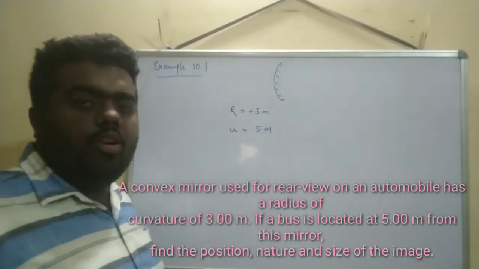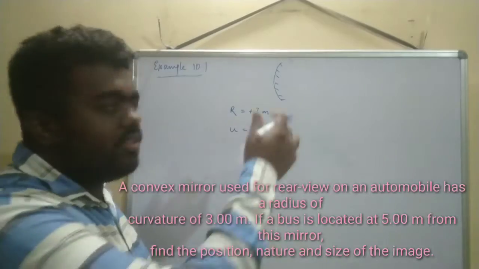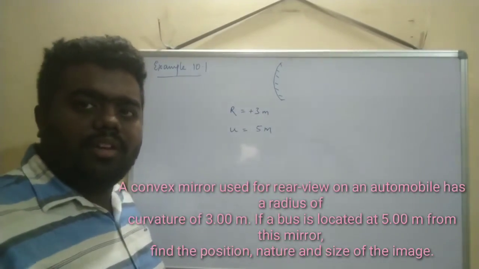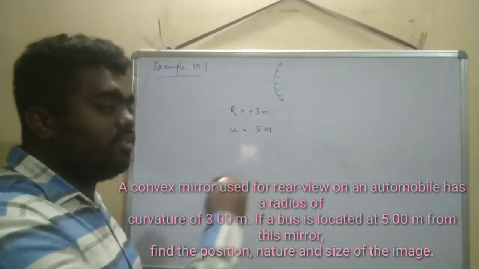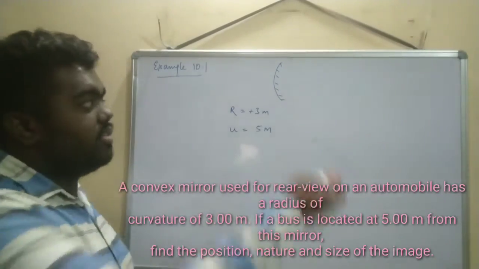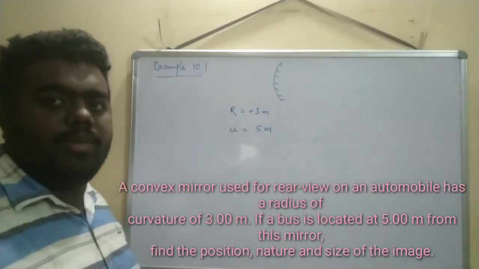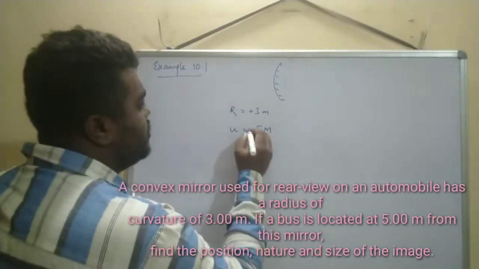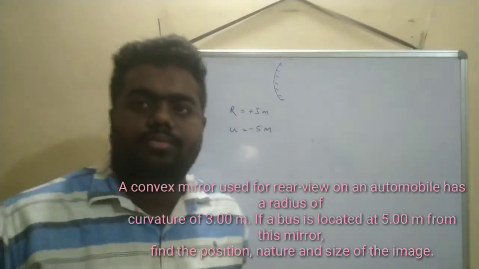Now object always lie on the left side. Remember this thing. Whatever the mirror may be, the object will lie on the left side. क्योंकि इस तरफ रहेंगे तभी तो उस पे image बनेगा. Now it is on the left side, so it will be negative.